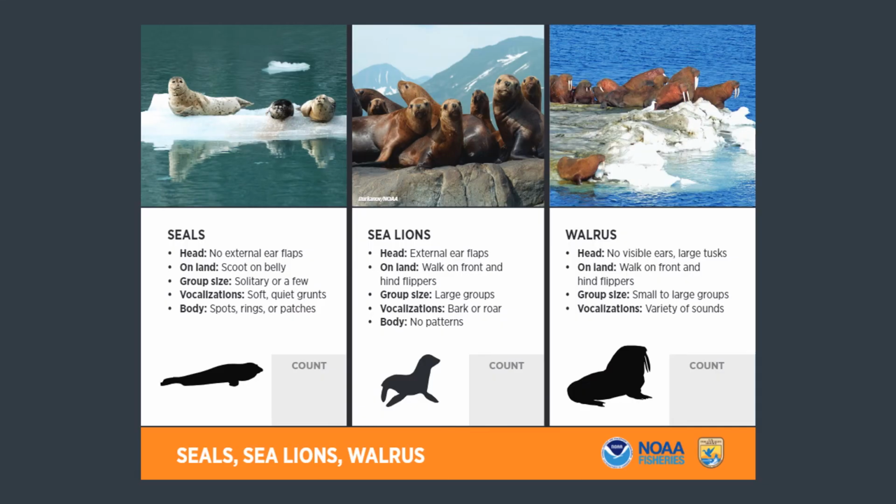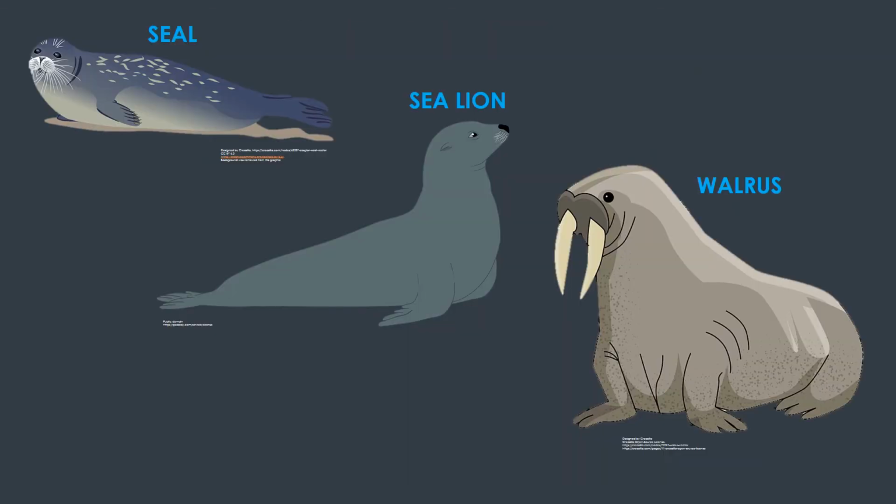The aid can also be used to help differentiate between pinnipeds, the group of marine mammals that seals, sea lions, and walruses belong to. All three pinnipeds can be found in water, on ice, or on land, alone, or in groups of animals.